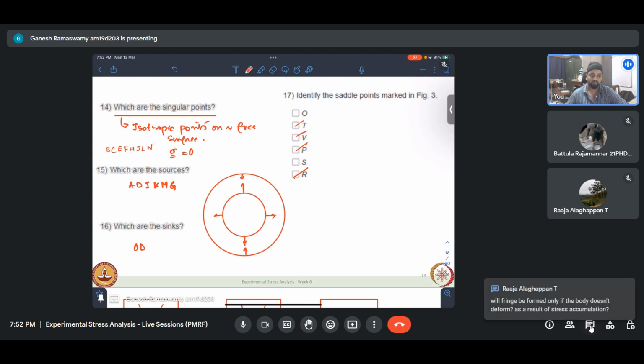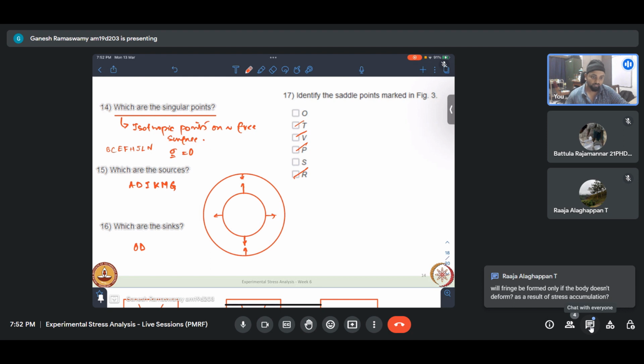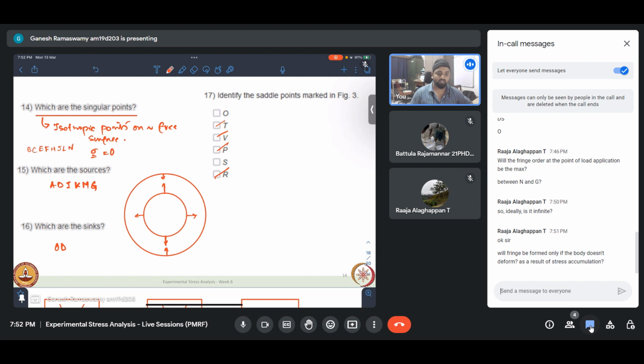Will a fringe be formed if the body doesn't deform as a result of stress accumulation? Okay, so if a body doesn't deform, we are essentially considering that to be a rigid body. In a rigid body, whatever load we apply will get translated into displacements directly.